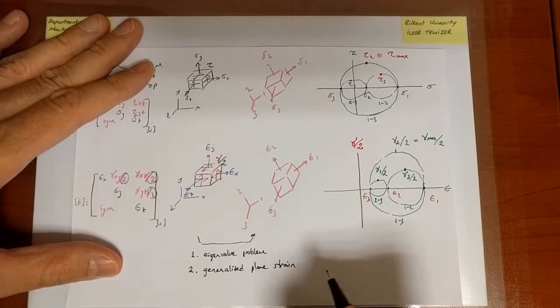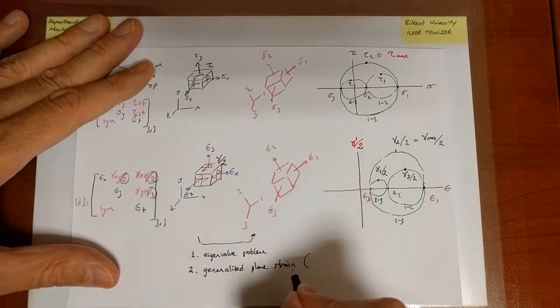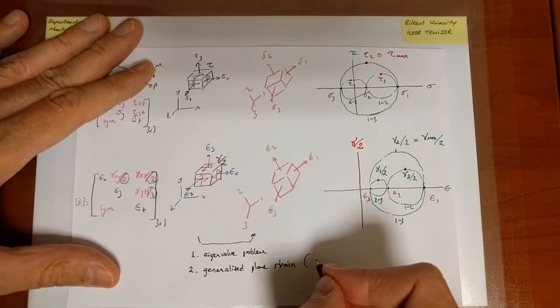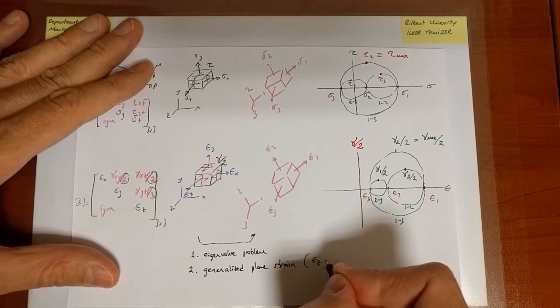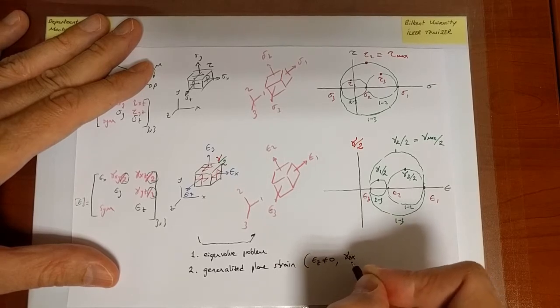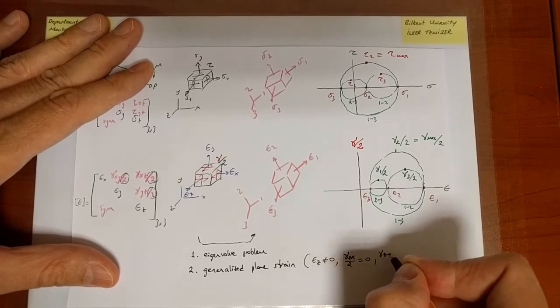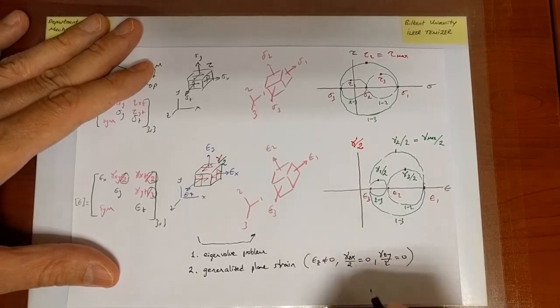Generalized plane strain, let me draw it according to one of the conventions. I could pick any axis to be the axis associated with that generalization, but I'm going to pick the z-axis, so I'm going to say that epsilon z is not equal to 0, but gamma zx, let's throw in a factor of 2 as well for consistency, is equal to 0, and gamma zy is also equal to 0.